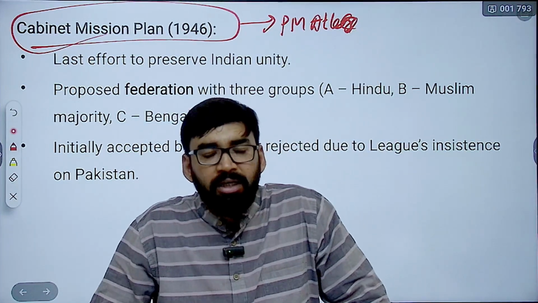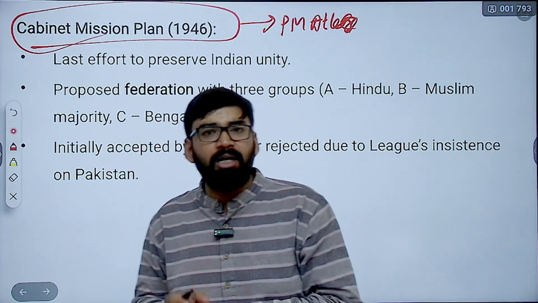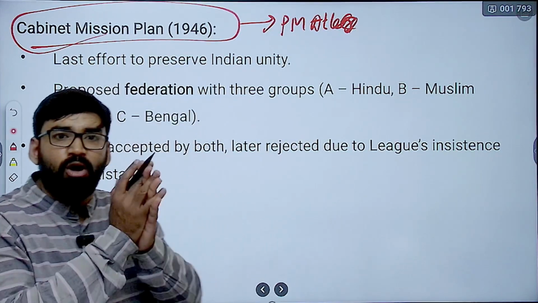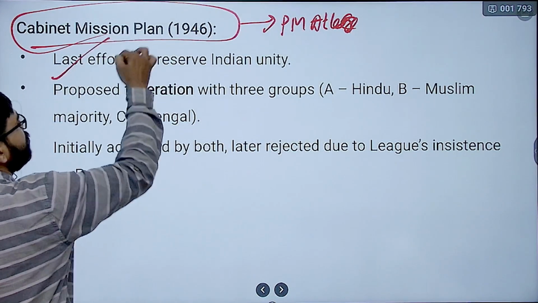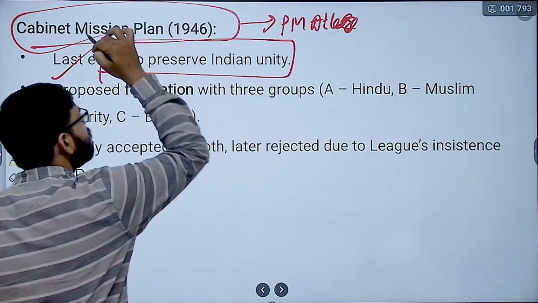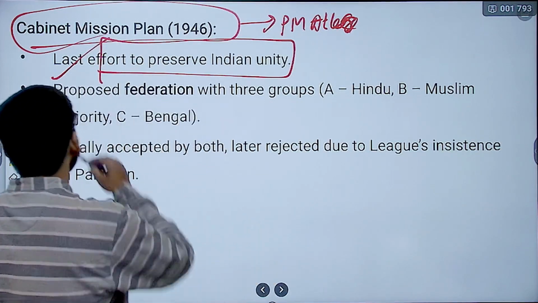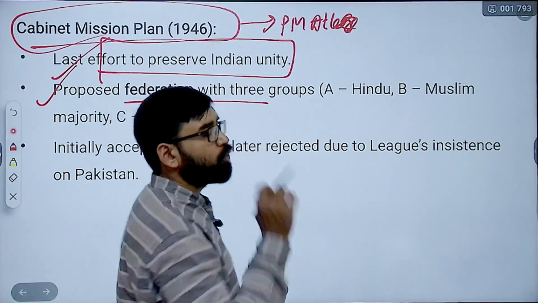Ji haan. In March 1946, Prime Minister Attlee announced that a cabinet mission would visit India to decide the modalities of transfer of power. So this was the last effort to preserve Indian unity, cabinet mission plan. This was the last effort. And this cabinet mission proposed federation with three groups.